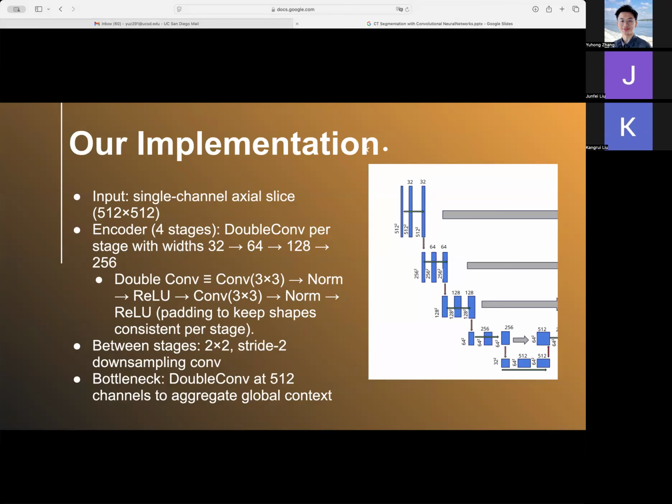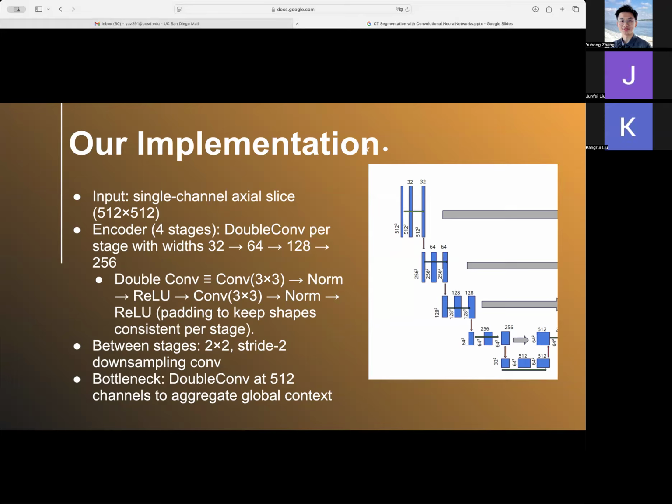So our implementation was briefly covered in the previous slides. Because the input is converted arrays from the NIfTI format, the input is a single channel axial slice, and we use a double conv per stage and downsample, expanding the channels from 32 to 256.